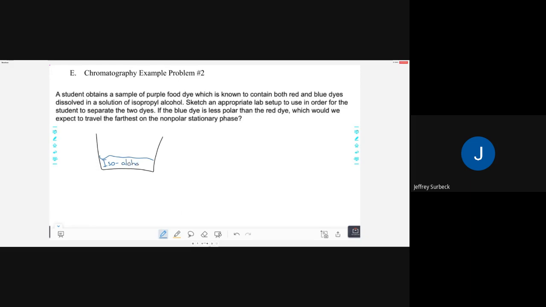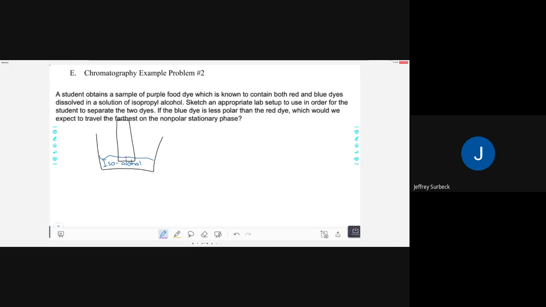Oh, forgot my O. Then we would have our chromatography paper, and essentially it would be set into our alcohol, and then we would put a little ink dot there, which it says is purple. So I'm going to put that purple dot right there. It could be submerged below, or it could be above the alcohol level, but that's just basic lab setup.